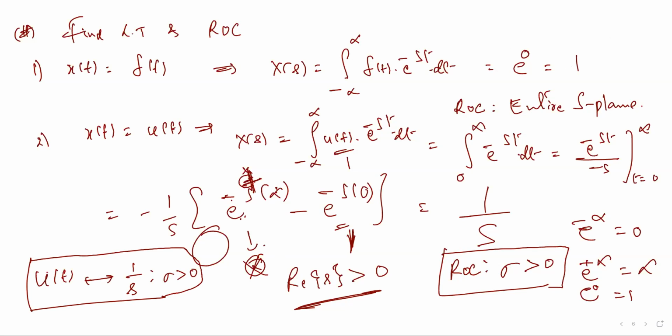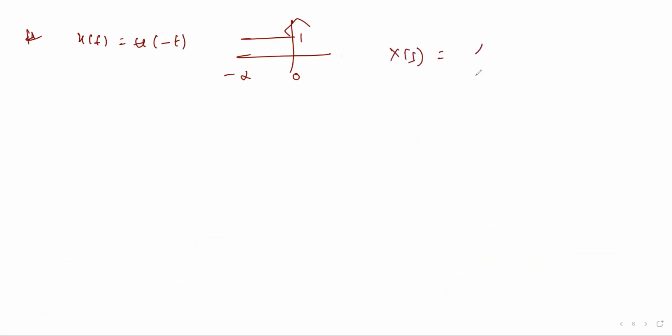Next, u of minus t. Let us find u of minus t. U of minus t is 1 for t from minus infinity to 0. Then x of s is integral from minus infinity to 0 of 1 times e power minus st dt.